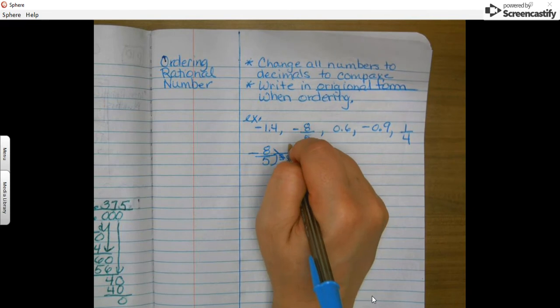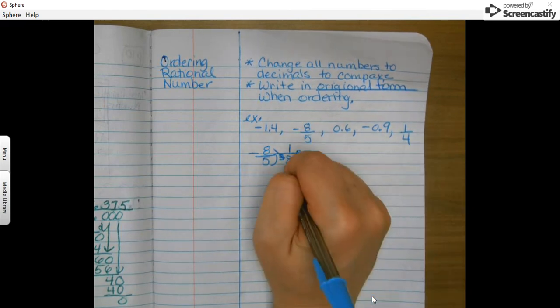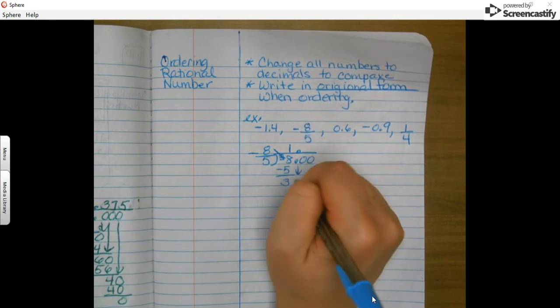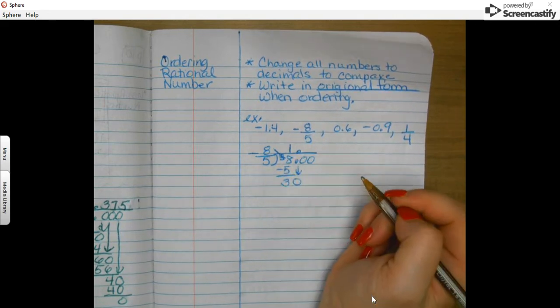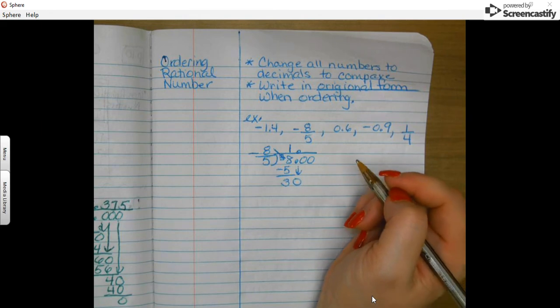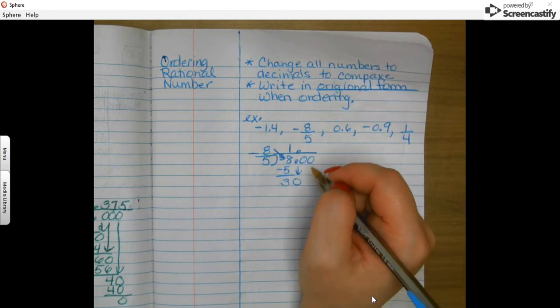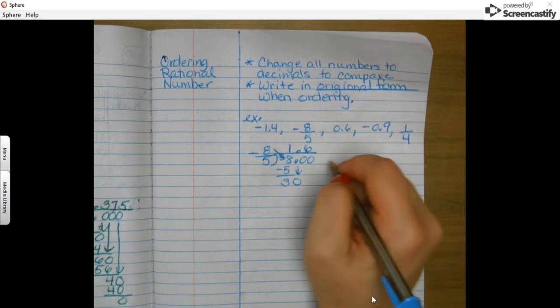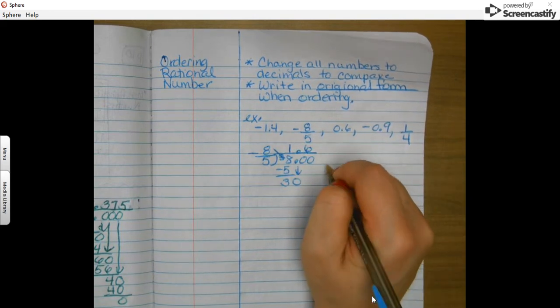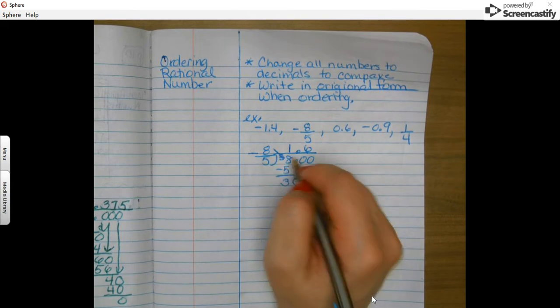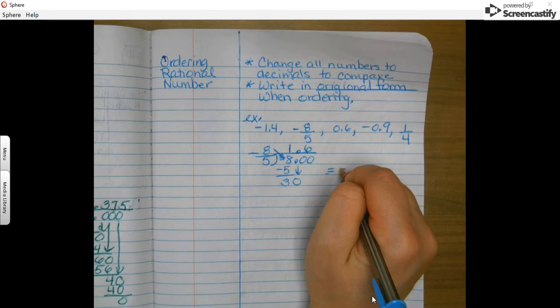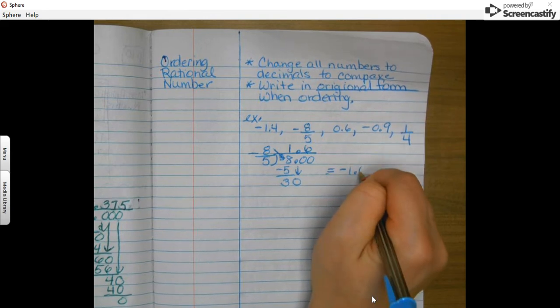Once, right? And that gives me 5. I'm subtracting with 3 left over. 5 can't go into 3, so I'm going to bring that first 0 down. Now I have 30. How many times does 5 go into 30? 6. Good. So therefore, I've got a positive 5 and a negative 8, right? So my answer then is negative 1.6.